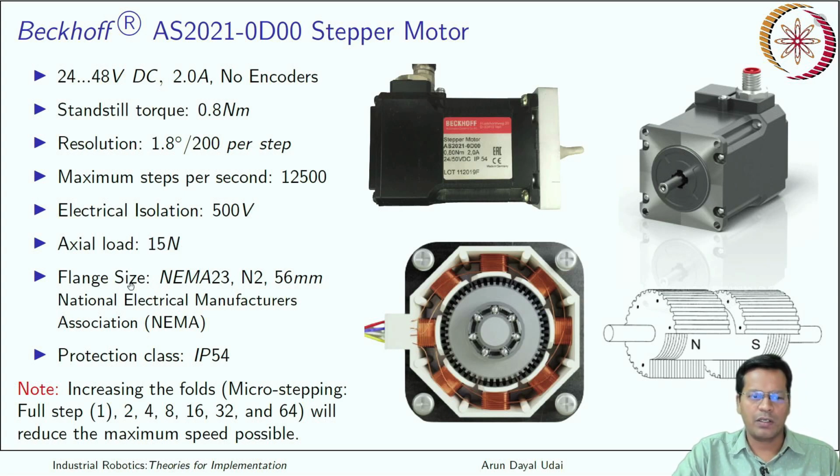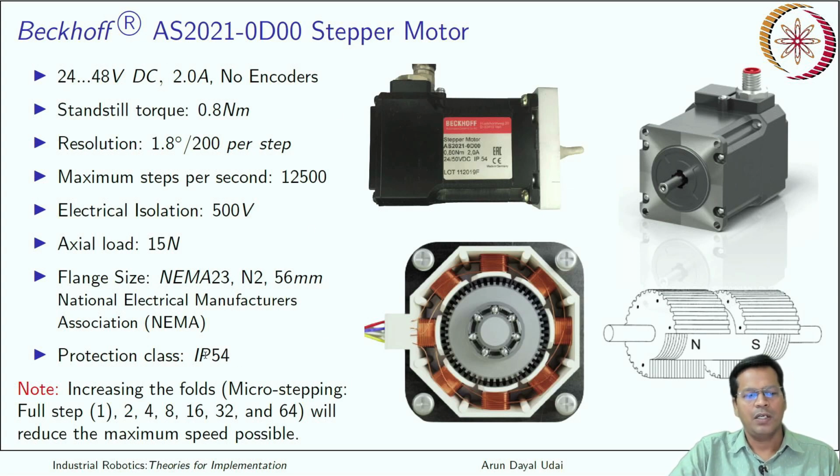Any stepper motor, or normally servo motors also, their sizes are specified like this. So it is NEMA 23, that is National Electrical Manufacturers Association. NEMA 23 means 2.3 inches, that is approximately 56 millimeter. Okay, protection class is IP 54. You see, this is all industrial specifications.